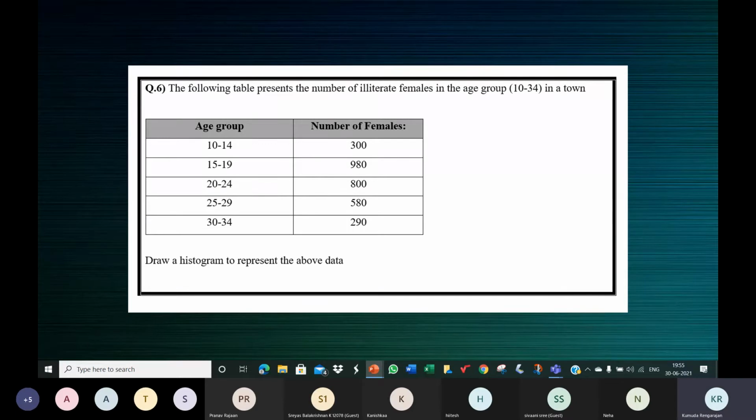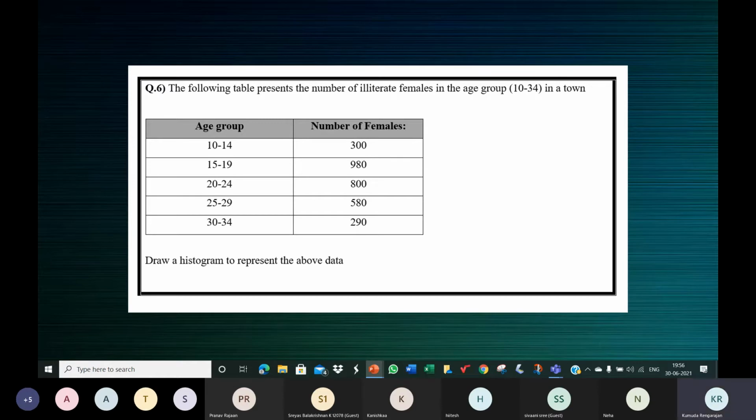We said 10 to 14, we stopped at 14. We must pick up from 14 to something, but no, 10 to 14, we leave it there. Then 15, fresh, 15 to 19, 20 to 24, 25 to 29. So clearly the class intervals are not continuous.